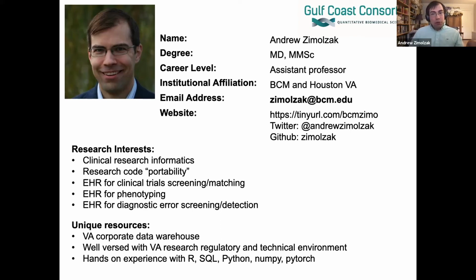It's made up of 130 different VA hospitals, not all of whom use the exact same terminology for the same or similar clinical concepts, which is where the idea of phenotyping comes in, and really comes in for smaller databases too that are maybe made up of just 1 or 2 clinical sites rather than hundreds of hospitals across the country in an integrated system.